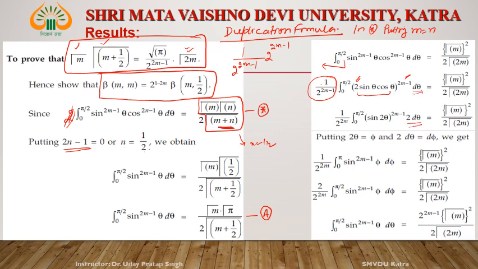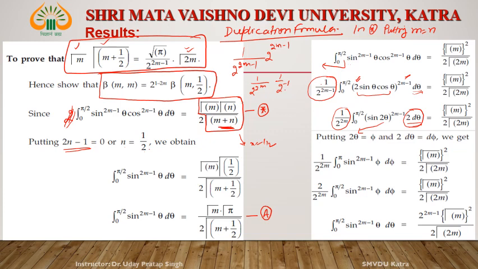See here, 1 upon 2 to the power 2m minus 1 can be written as 1 upon 2 to the power 2m into 1 upon 2 to the power minus 1, that is 2 d theta.